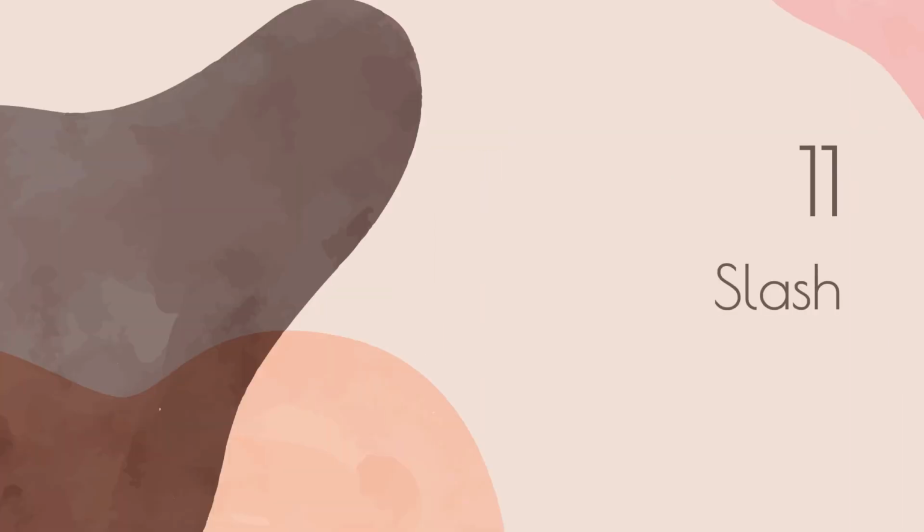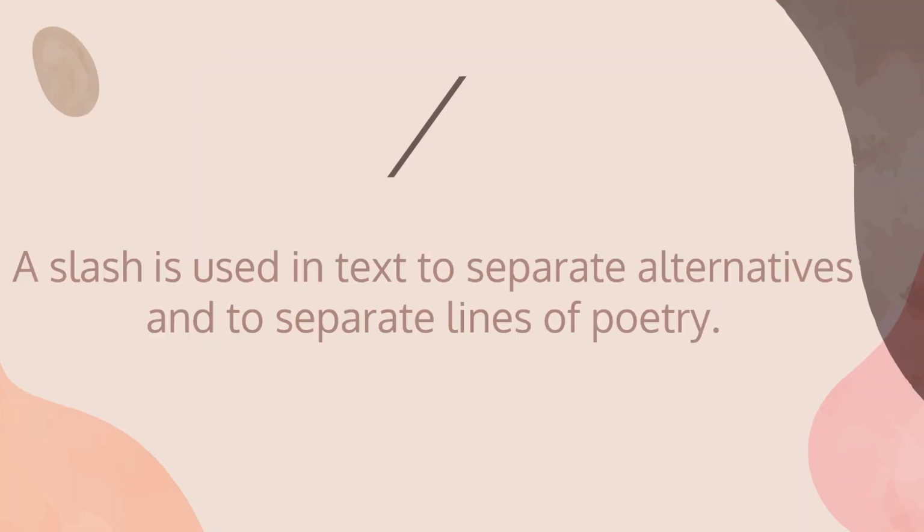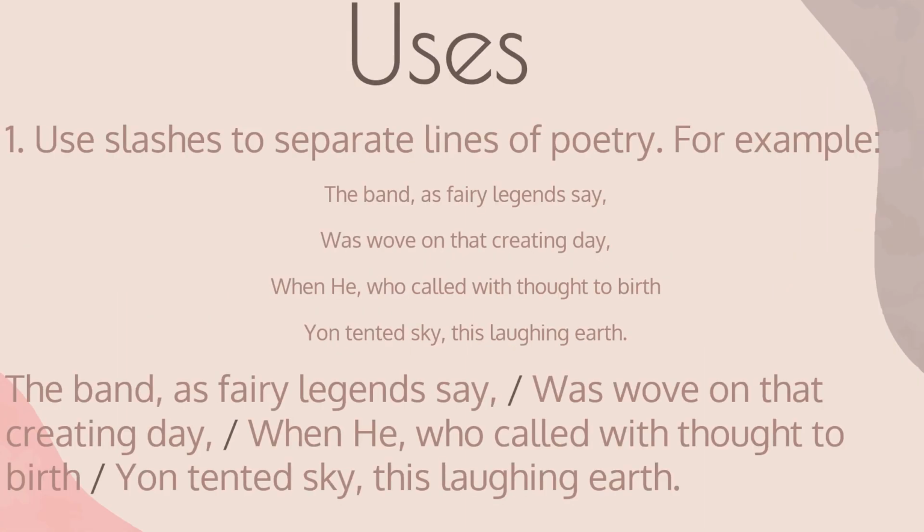Next up is slash. A slash is used in text to separate alternatives and to separate lines of poetry. Its first use is to separate lines of poetry, and you're not going to have any use for it, let's be honest.